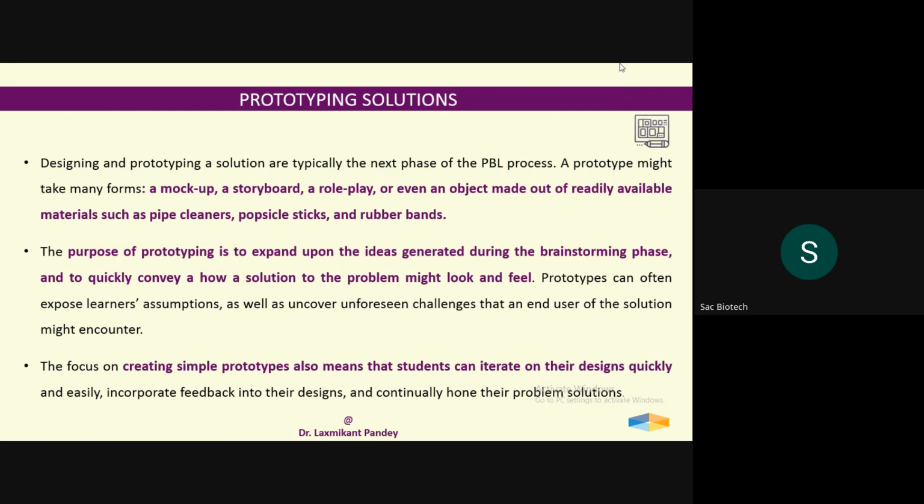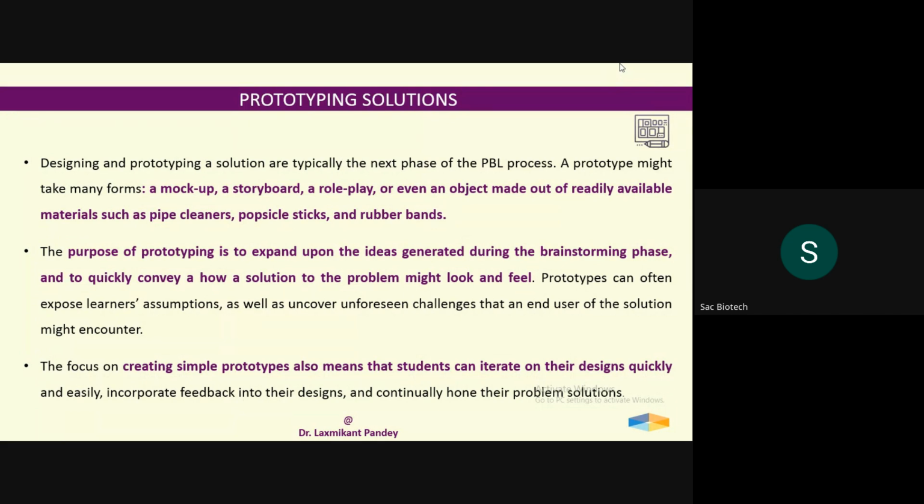The basic purpose of prototyping is to expand upon the ideas generated during the brainstorming phase and to quickly convey how the solution to the problems might look and feel. So prototypes play a very important role in understanding the effective solution of the particular problem. In this way, you can focus on creating simple prototypes. The students can create their ideas, designing them quickly and easily.